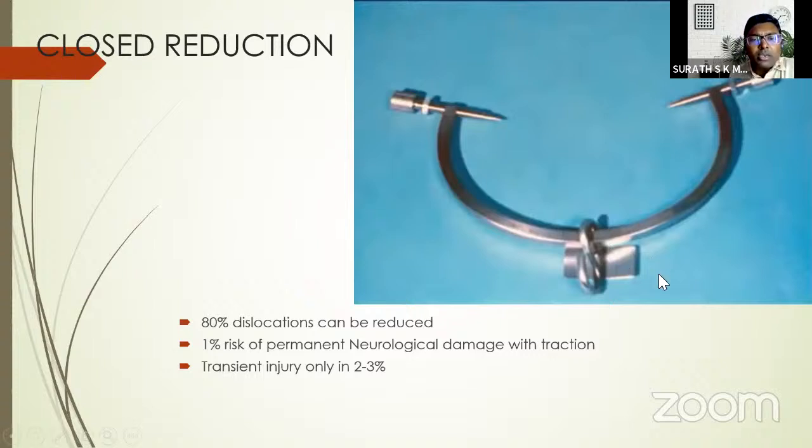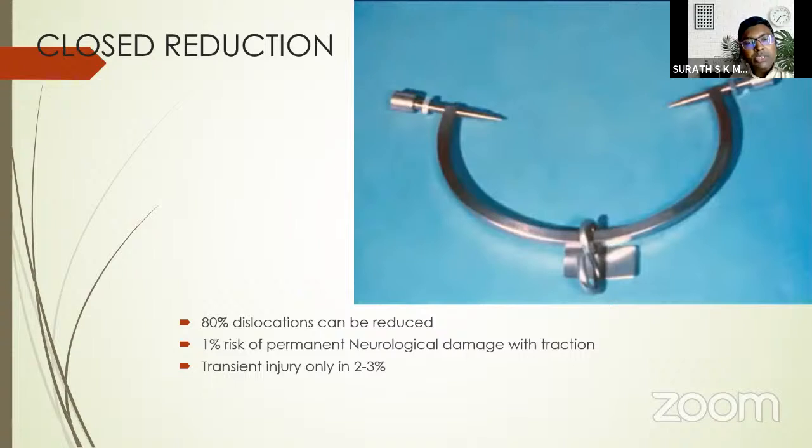But sometimes doing an urgent closed reduction is not feasible, especially when the patient is unstable, presenting with spinal shock. And in my practice, usually these patients present to us at night, mainly due to motor vehicle accidents.